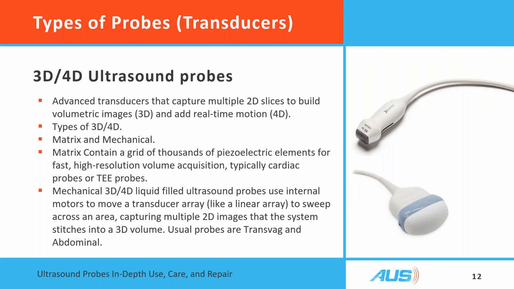But the sooner you catch that, the better it is from a patient standpoint, from a diagnostic standpoint, as well as for potential further damage to the probe. So early detection of that is critical.